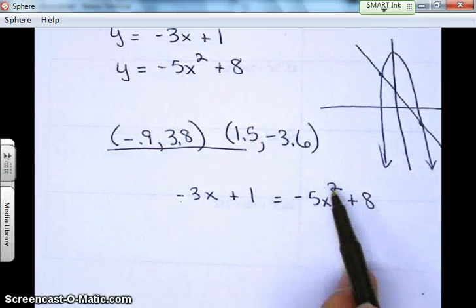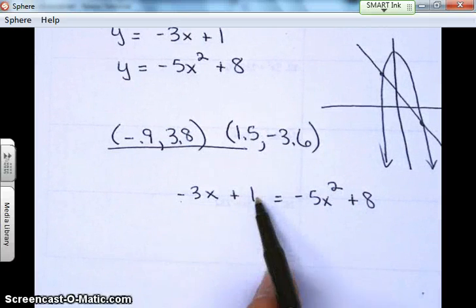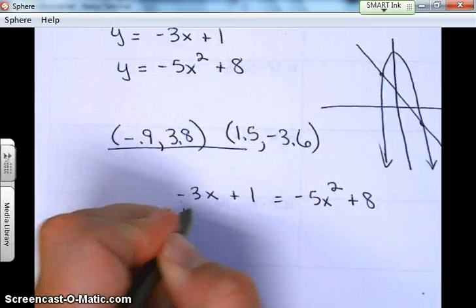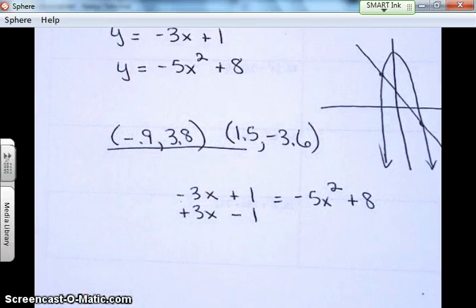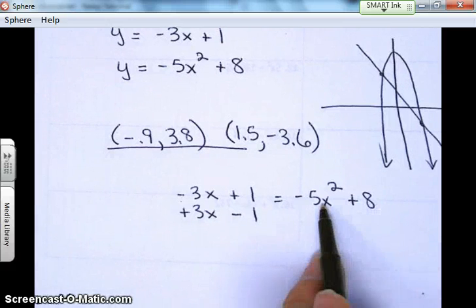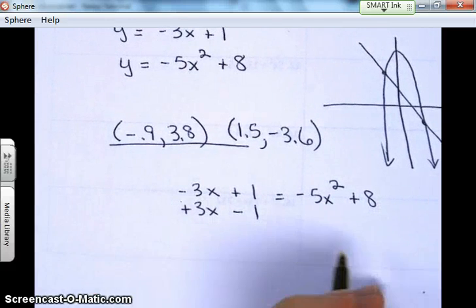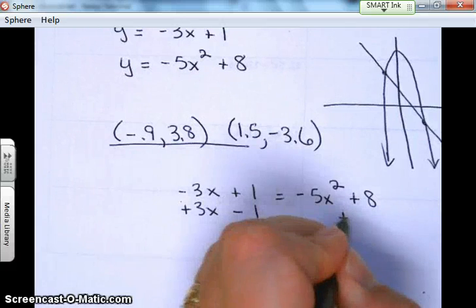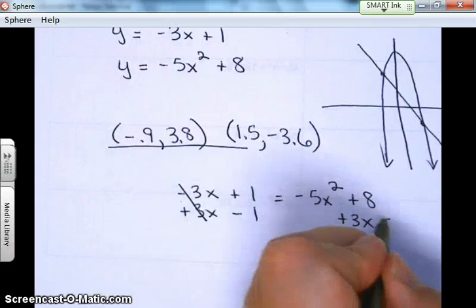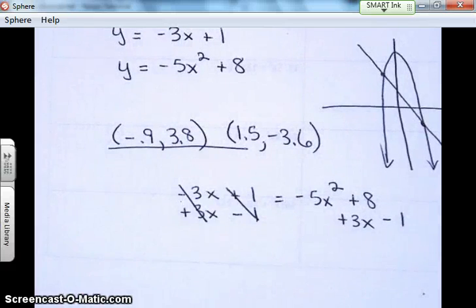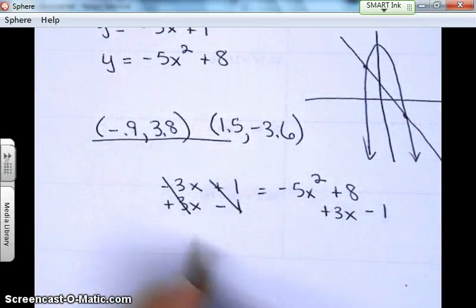So since it's a quadratic, you have to set it equal to 0. So we will cancel everything on the left here, or you could move those two over here. It doesn't matter which way. So cancel out the negative 3x, cancel out the 1. So I'm going to go ahead and move this stuff over here.